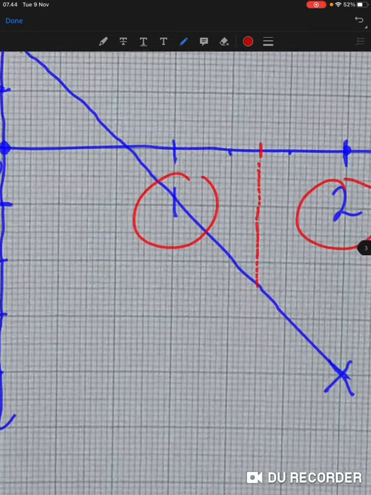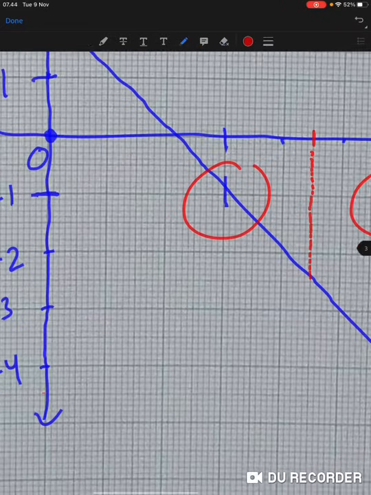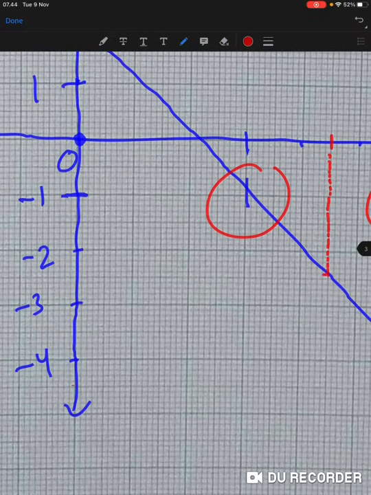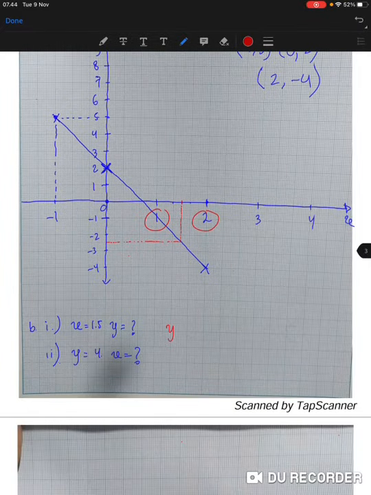After you cross your straight line, I need you to pull this to the y-axis. It is going to be around -2.5. So your y here is going to be -2.5.